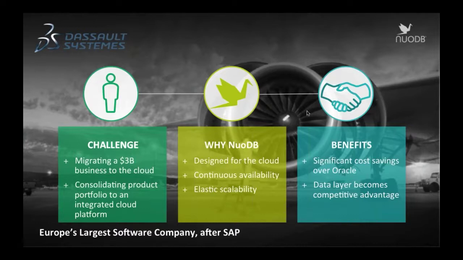As part of that migration, they realized they need to select a database that they're going to manage as part of the whole stack. They traditionally ran on Oracle and SQL Server. They selected NuoDB because of our elastic capabilities, the ability to easily scale up their cloud infrastructure based on demand.